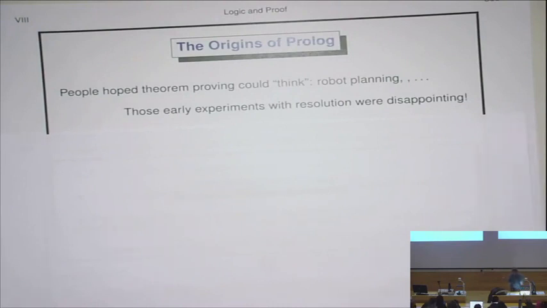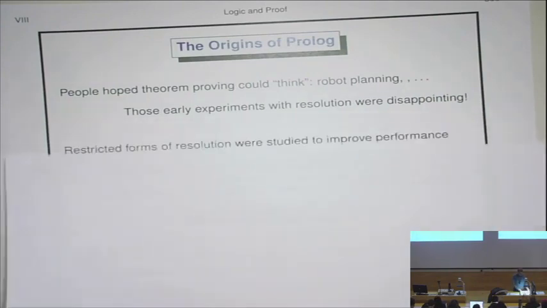And in general, they kind of got the idea that resolution wasn't good for much, and it was one of these overhyped things that was a complete waste of time. And as they were trying to improve the performance of resolution, because they seemed to have a really big search space, wasted lots of memory, and did very little that was of any interest to anybody, they started saying, what if we restrict the resolution rule in this way or in that way?